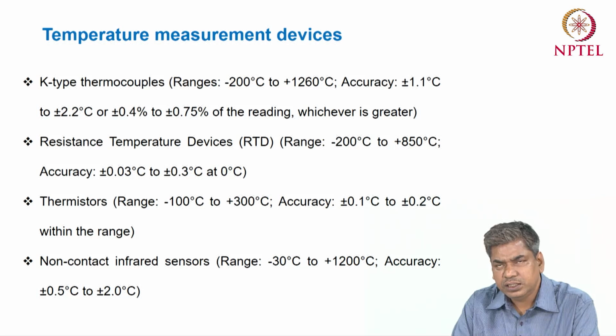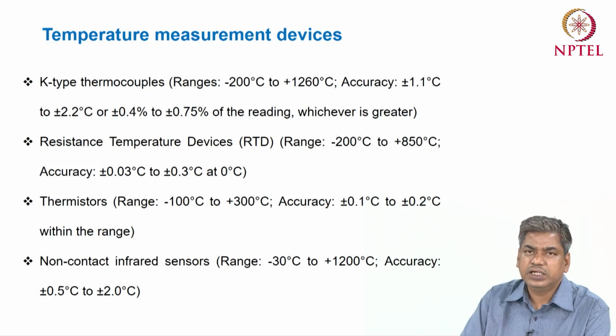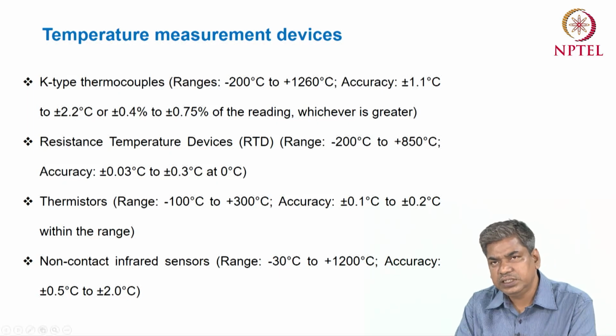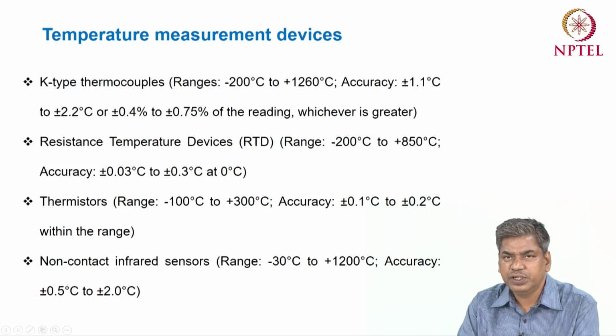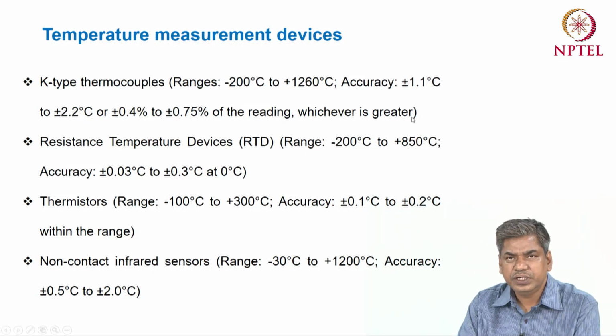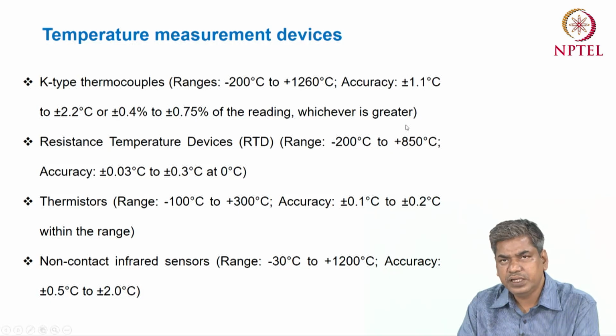Then another sensor, which is called the thermistor. The thermistor is also based on the measurement of resistance. So the RTD and thermistor are both related to temperature measurement by measuring the resistance.